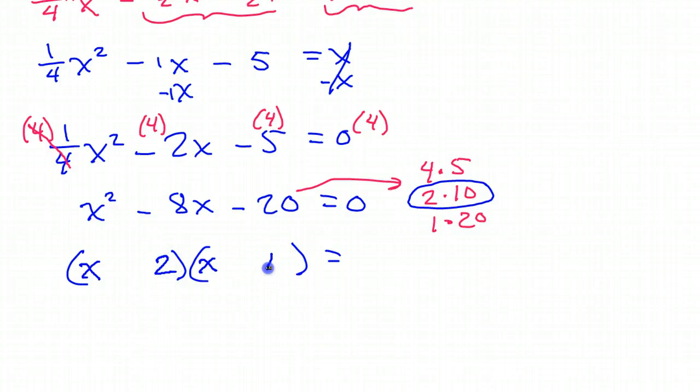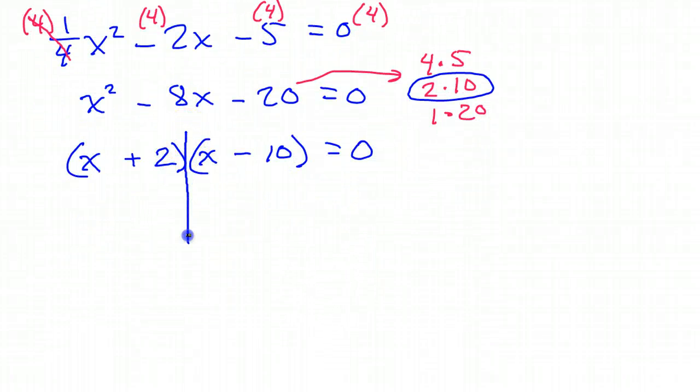If we go with 2 times 10, now inner I've got 2x, outer I've got 10x. What would the signs need to be to make negative 8? Well, if I have a positive 2 and a negative 10, that would make negative 8. So there's my positive 2 and there's my negative 10. This is looking good. Also, a positive times a negative is a negative 20, so that's great. So we factored it correctly.